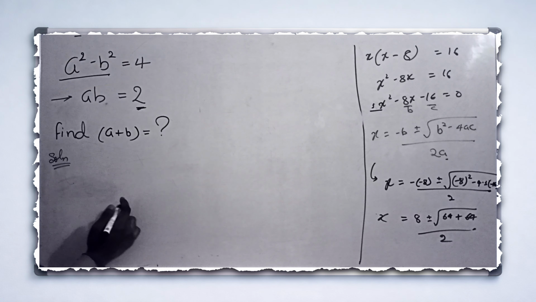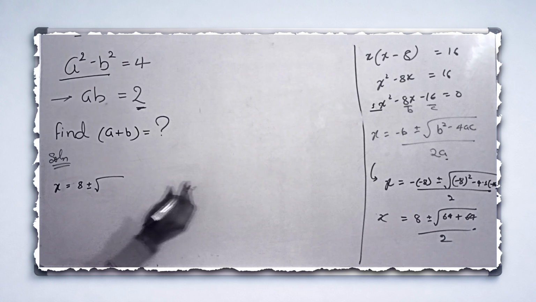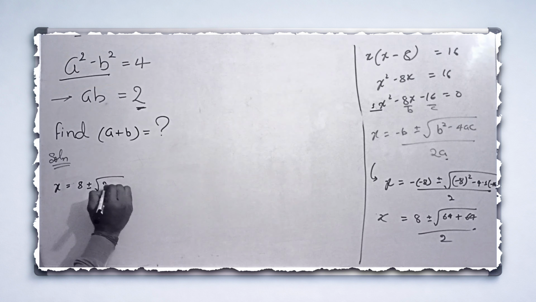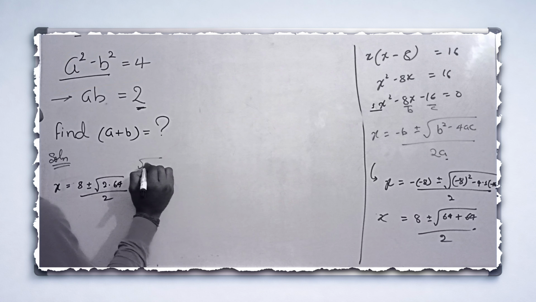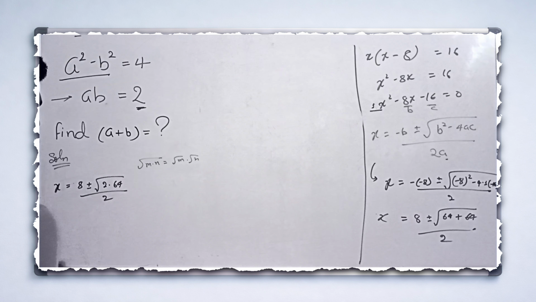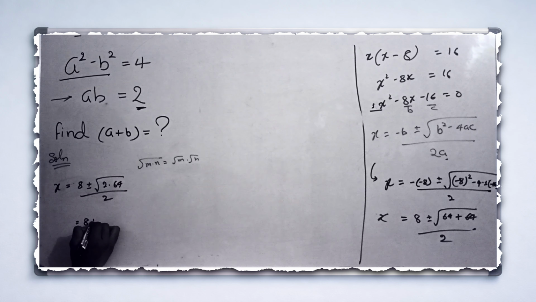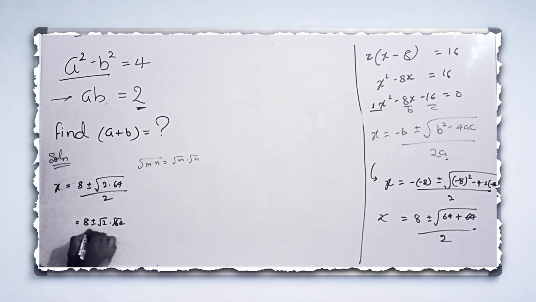Now on further simplification, this gives x is equal to 8 plus minus under root of 64 plus 64, which is 2 times 64, over 2. Root of m times n is equal to root m times root n. So using this we get x is equal to 8 plus minus root of 2 times root of 64 over 2, which is 8 plus minus 8 root 2 over 2.